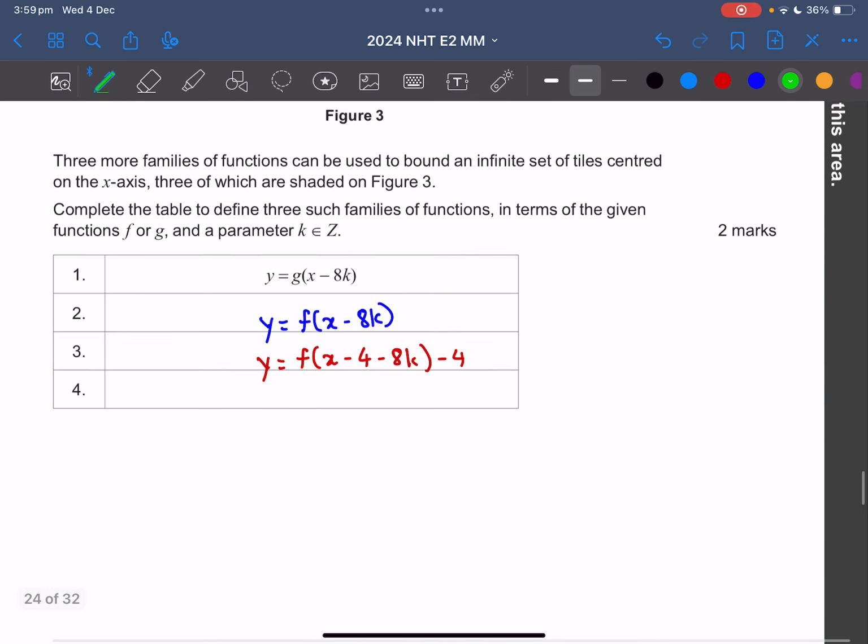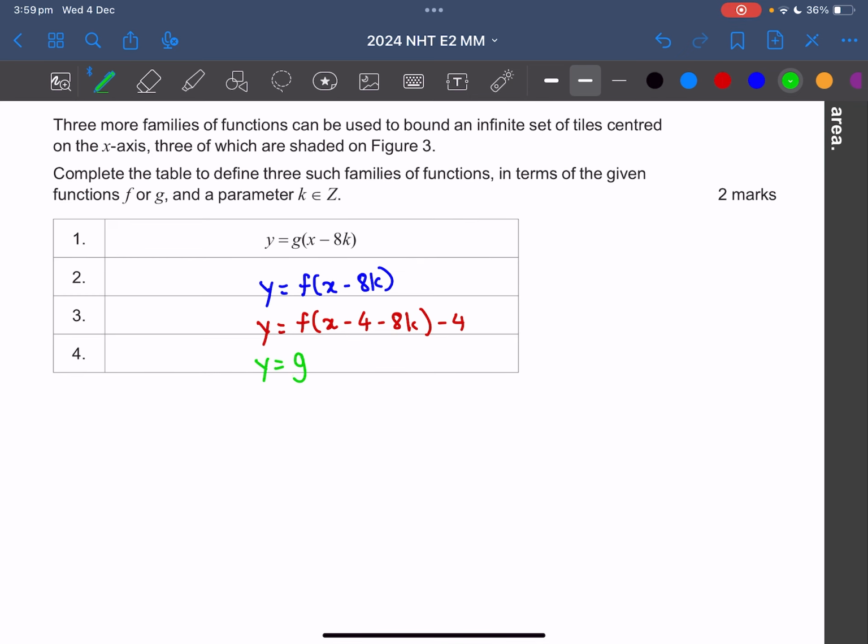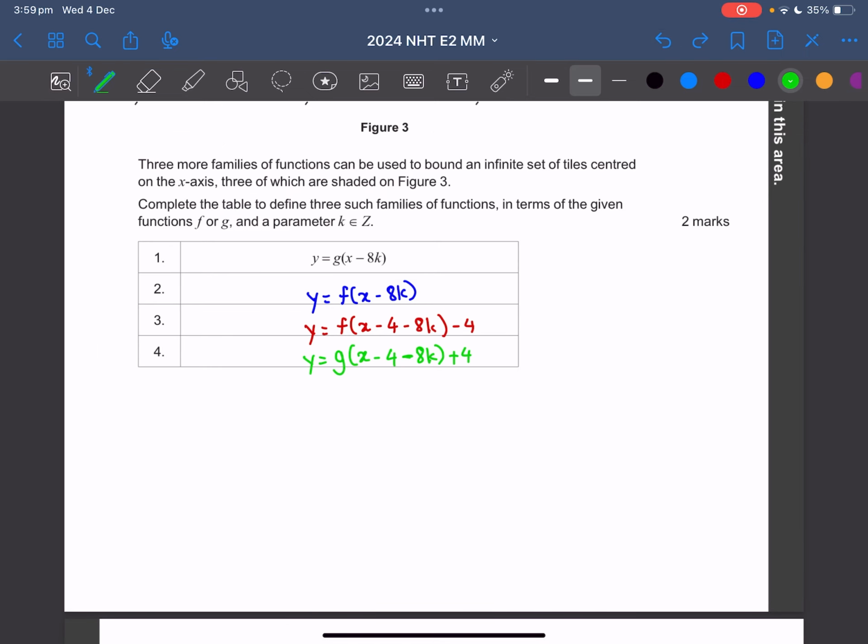So we can say that y equals g of x minus 4 minus 8k plus 4. Again, you can write plus 8k here as well, and this would be equally correct. I'm just going to go with minus to keep things consistent. Whether you write plus or minus for the 8k doesn't matter. Okay, so that's that for this question.